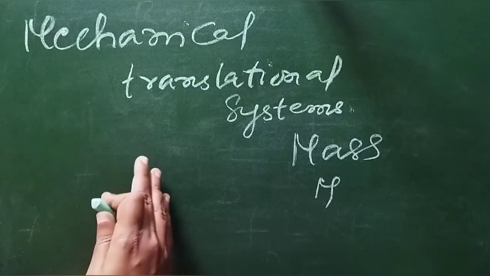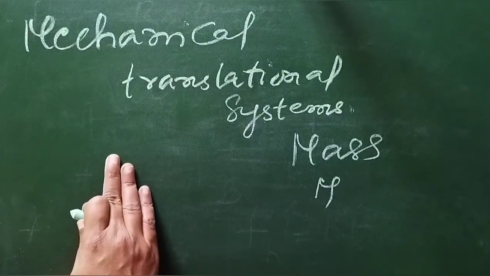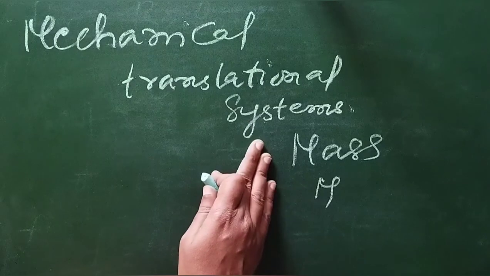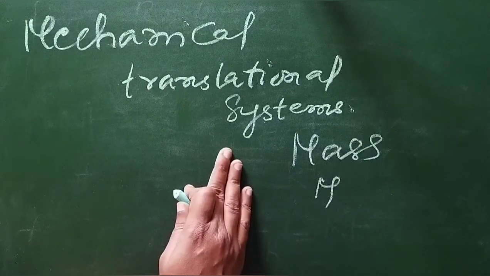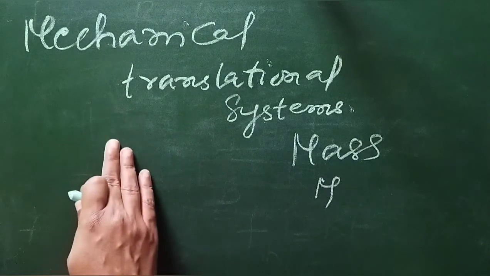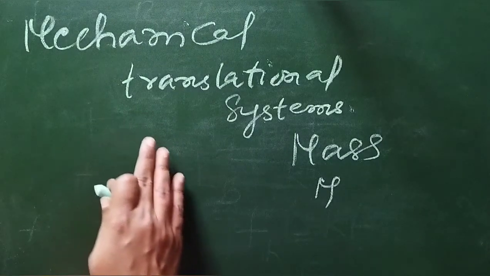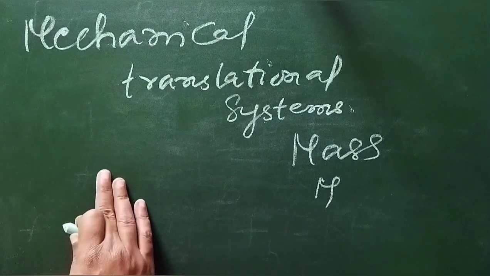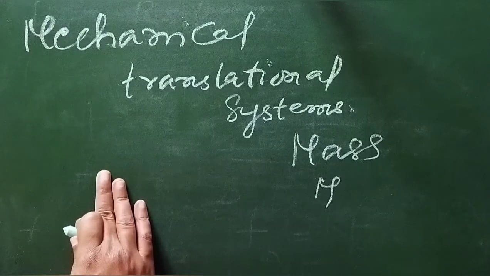In the next session we'll see an example of this mechanical translational system. We'll solve a problem so that we can clearly see how to apply the free body diagram, how to write the mathematical frame in terms of differential equations, and then finally how to find the transfer function.